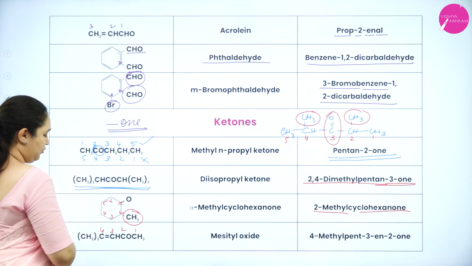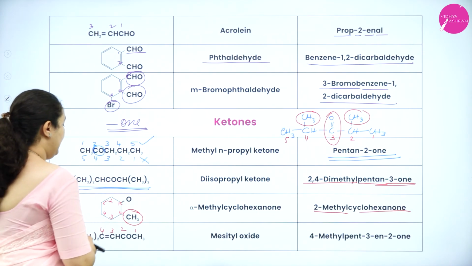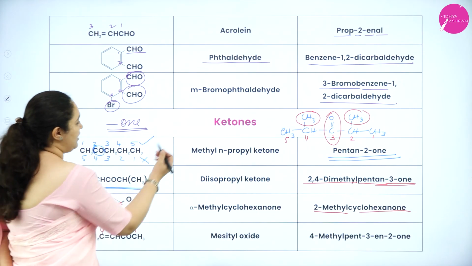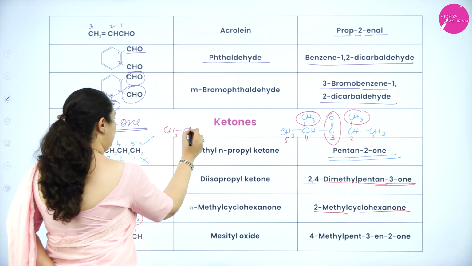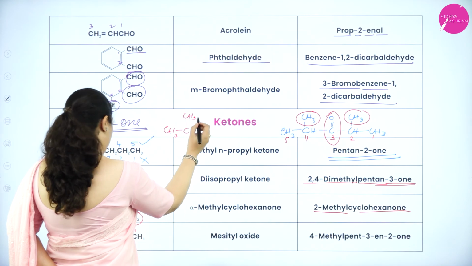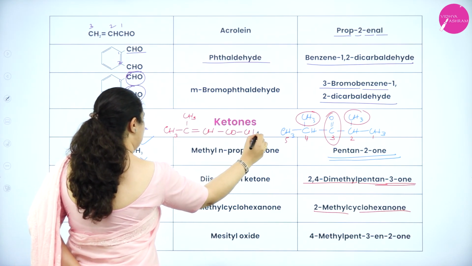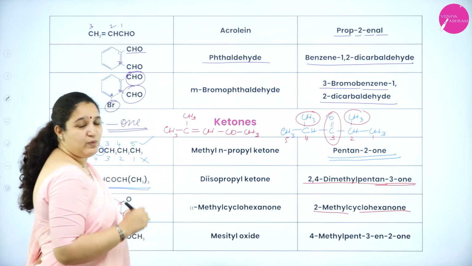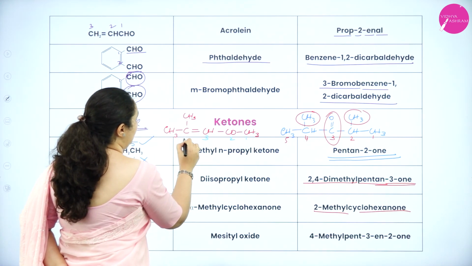The last one is 1, 2, 3, 4. Now, here you have CH3 2 times written. So, how is the compound? It is actually this way. I shall write it here for you all. So, it is CH3, C, CH3, double bond, CH, CO, CH3. So, how will you number this? 1, 2, 3, 4.